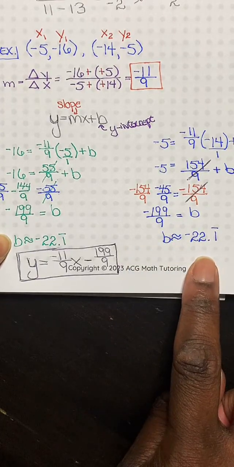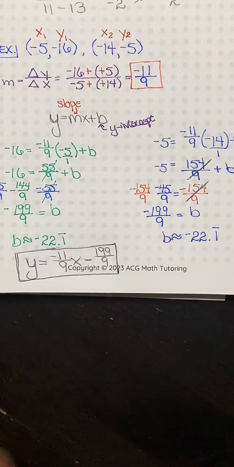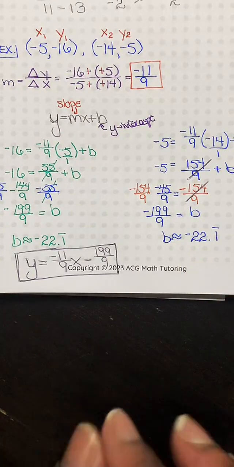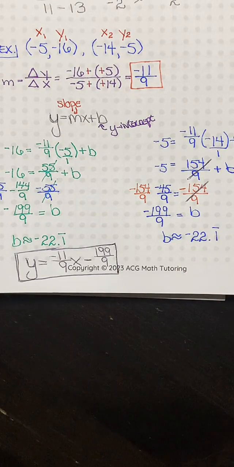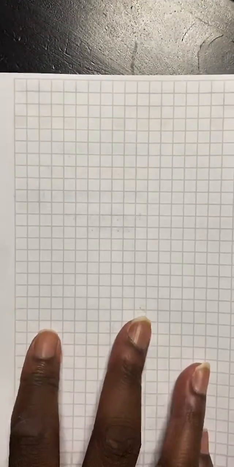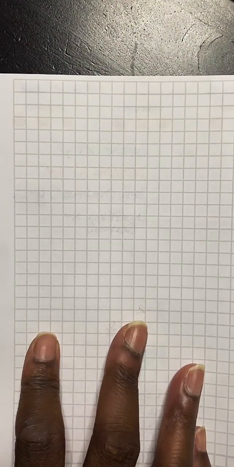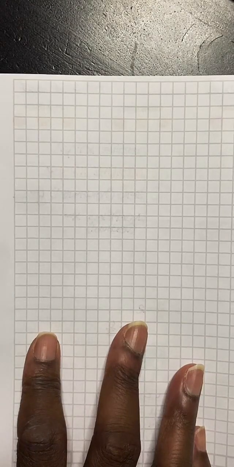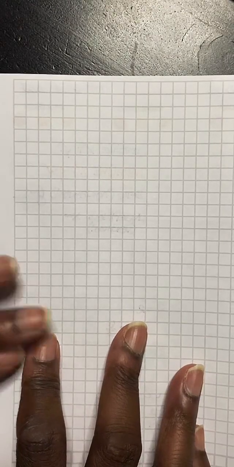Then the next thing, let's take a look at it from beginning to end. All right, so I'm going to flip this over. What we're going to do is look at a couple of slopes, and we're going to try to graph as well.